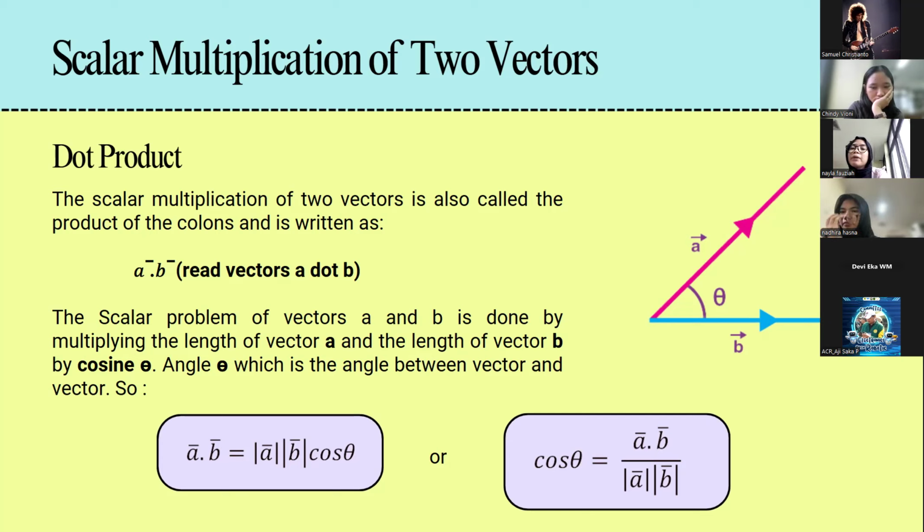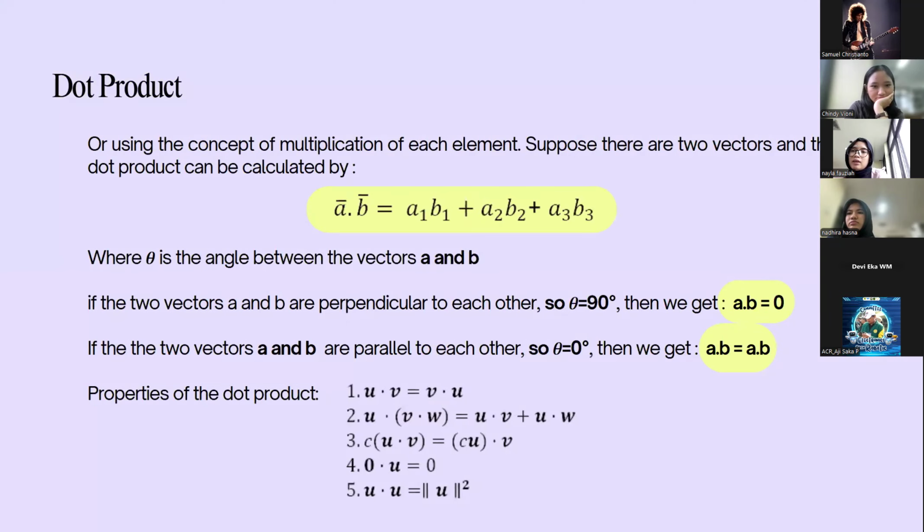So vector A dot vector B is equal to the norm of vector A times the norm of vector B, multiplied by cos theta, or cos theta is equal to vector A dot vector B over the norm of vector A multiplied by the norm of vector B. Also, the dot product can be calculated using the multiplication of each element.